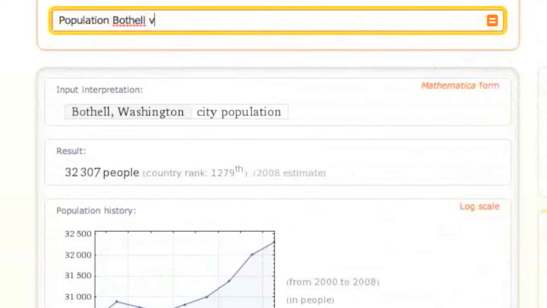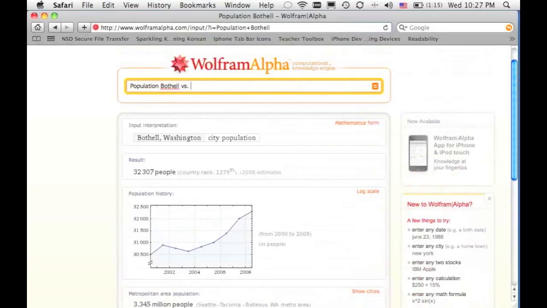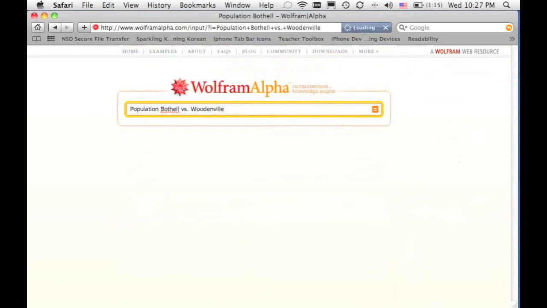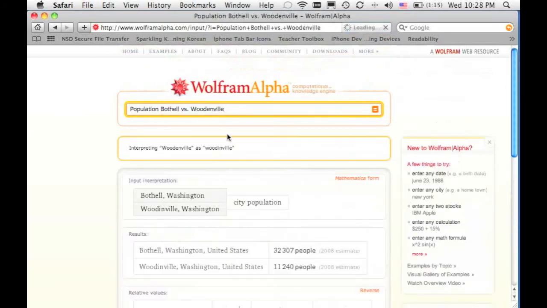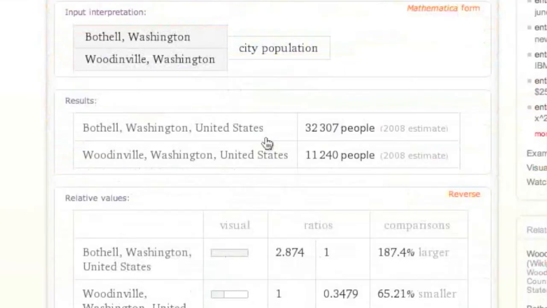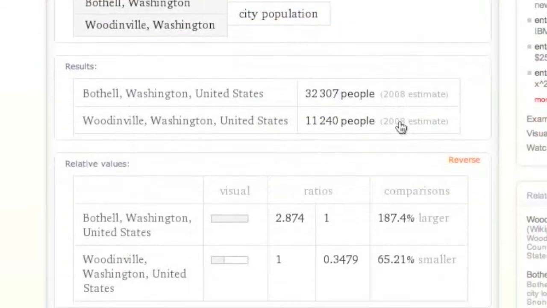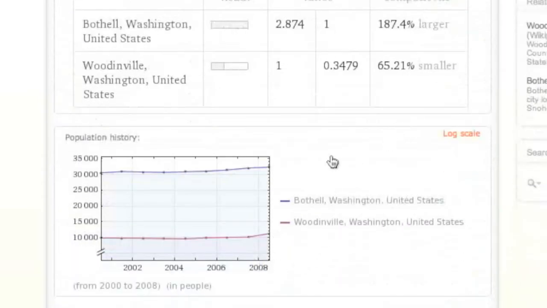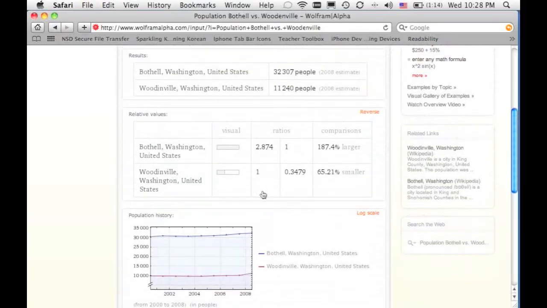Let's see if we can compare versus Woodinville. All right. Woodinville, Washington, Bothell, Washington. Yeah, that's right.